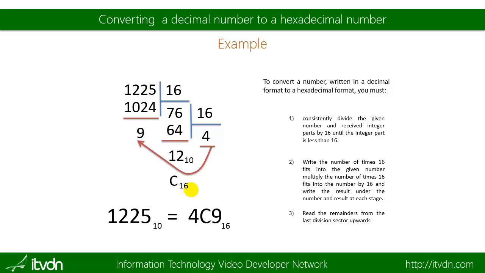So I'm not going to count this 12, I'm going to count C, because I want my result to be in the hexadecimal numeral. Let's read it from the bottom. 4 C 9. So 1225 base 10 is equal to 4C9 base 16. And that's it. Very easy to convert.